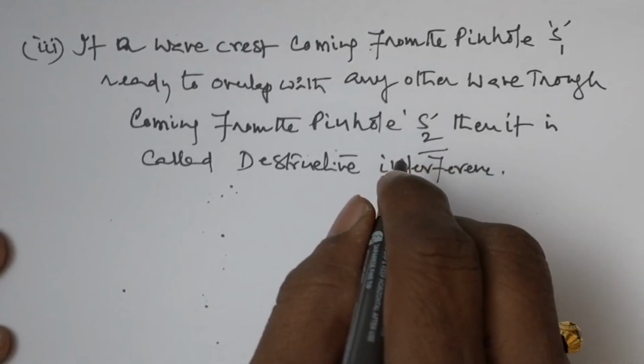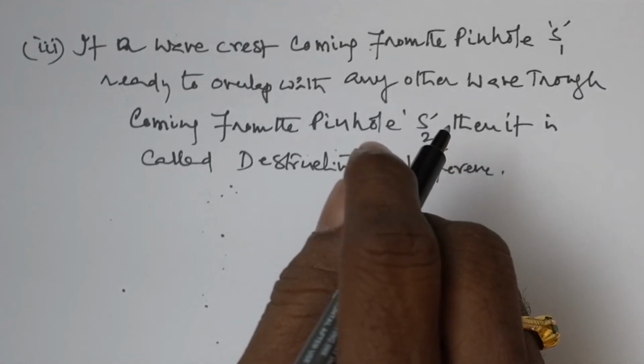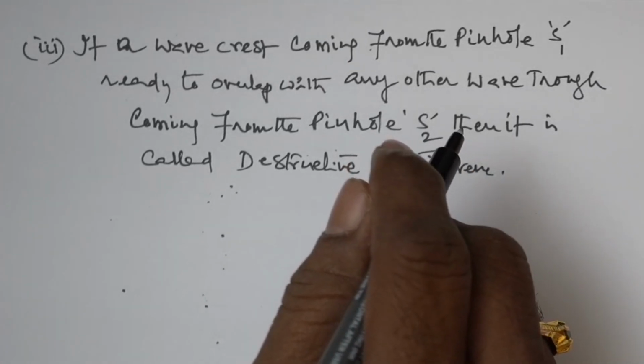So, my dear students, you could understand that there are three possibilities. Out of the three, the first two give constructive interference and the third gives destructive interference. Okay, so I am repeating once again. If a wave crest coming from the pinhole S1 is ready to overlap with any other wave crest coming from the pinhole S2, it is called constructive interference pattern.